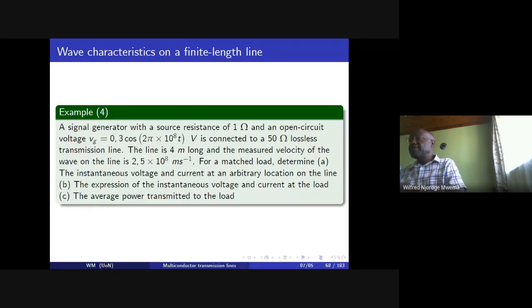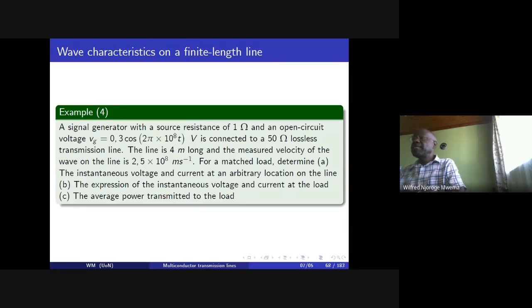The line is 4 meters long and the measured velocity of the wave on the line is 2.5 times 10 raised to 8 meters per second. For a matched load, determine A, the instantaneous voltage and current at an arbitrary location on the line, B, the expression for the instantaneous voltage and current at the load, and C, the average power transmitted to the load.